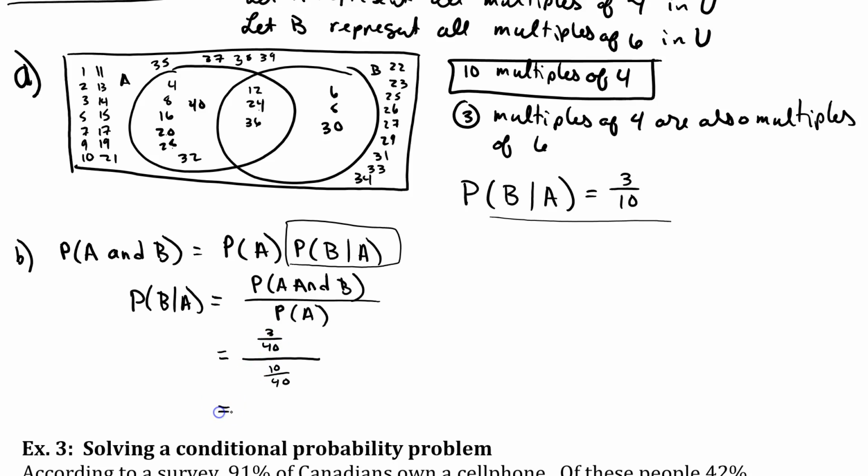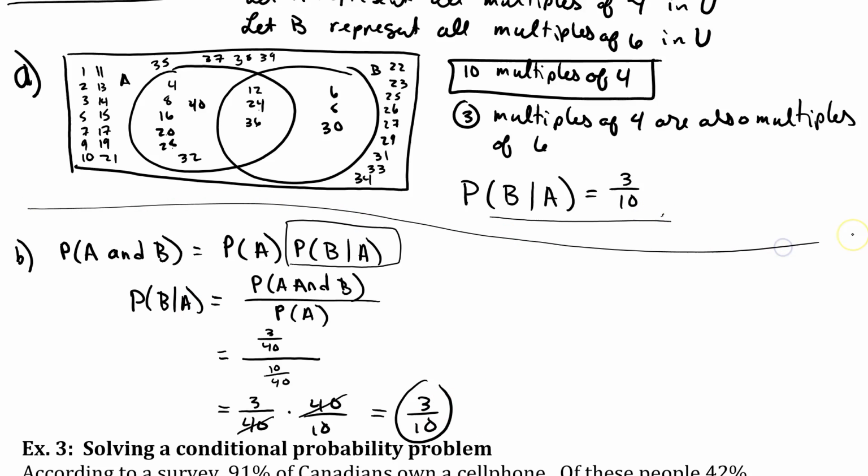If we want to do this the long way, we say 3 out of 40 times 40 over 10, because we're dividing fractions here. These cancel, and the probability becomes 3 over 10. So the probability that it's a multiple of 6, given that it's already a multiple of 4, is 3 out of 10, which we got from our Venn diagram already.